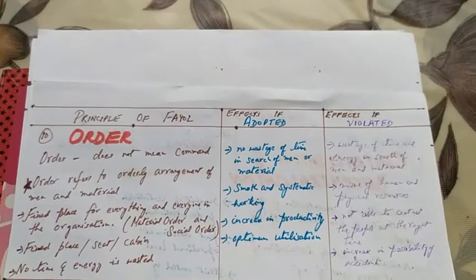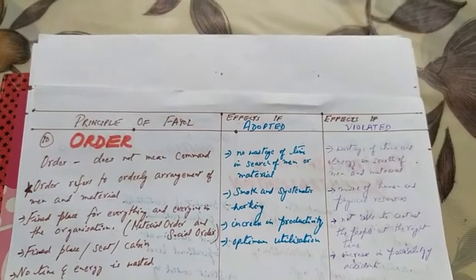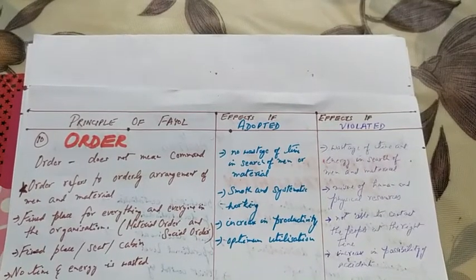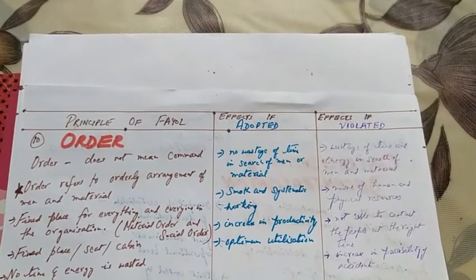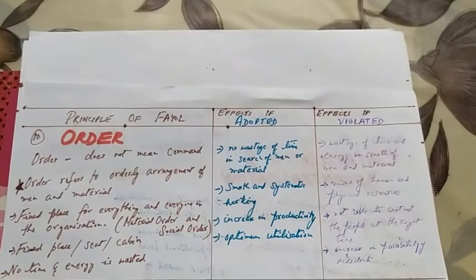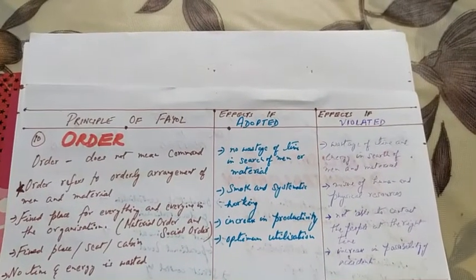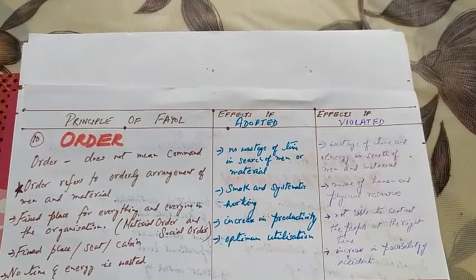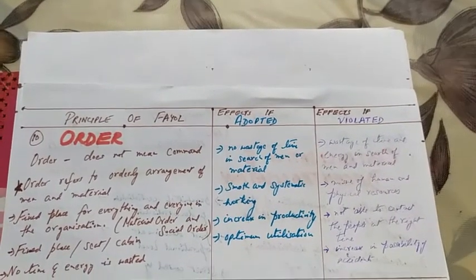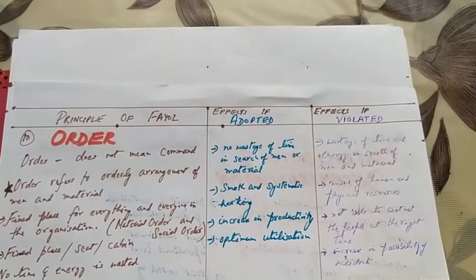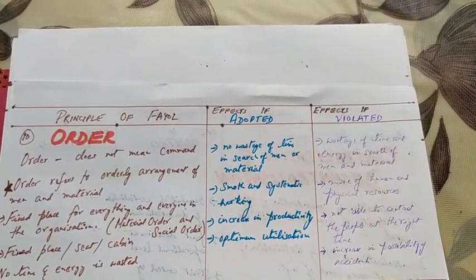Now, here, don't confuse the name of the principle with the meaning of order. Order generally means to command, isn't it? But in relation to management and the principle given by Fayol, the principle of order means orderly arrangement of men and material.